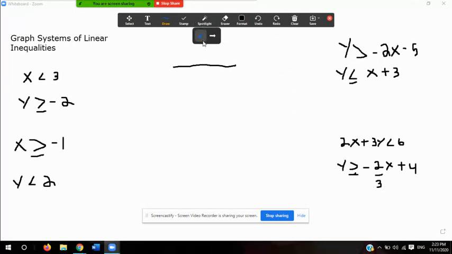If we were to graph this equation, x is less than 3 on a horizontal number line, all we would really do was say, well, we would plug in the numbers and say, well, 0, 1, 2, and 3.